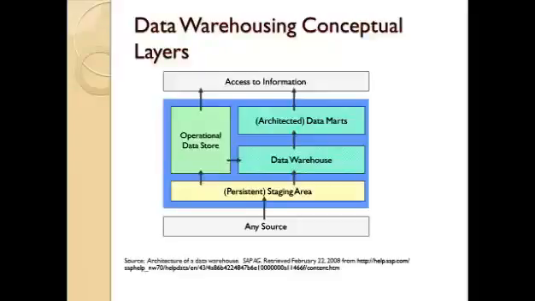And then when you look at the top, when we want to access the data warehouse for data analysis, then data can come normally either through an operational data store or a data mart. So we'll take a look at those 4 components in the conceptual model in the next few slides.